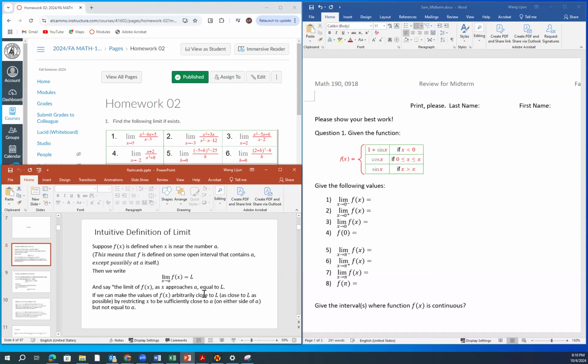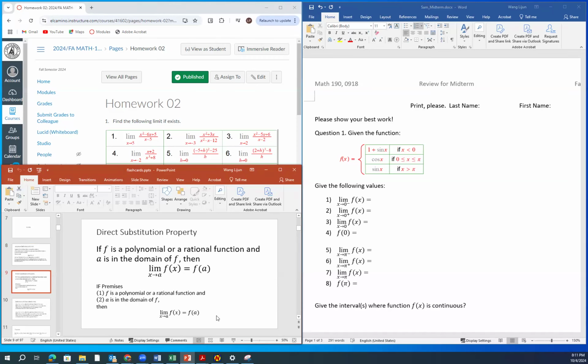As we went over in the examples in the textbook and lectures, we talked many times about how the definition of limit implies it does not require the function to be defined at a when we discuss the limit as x approaches a. And that is a very, very important thing that we need to understand. And also, when can we do direct substitution?